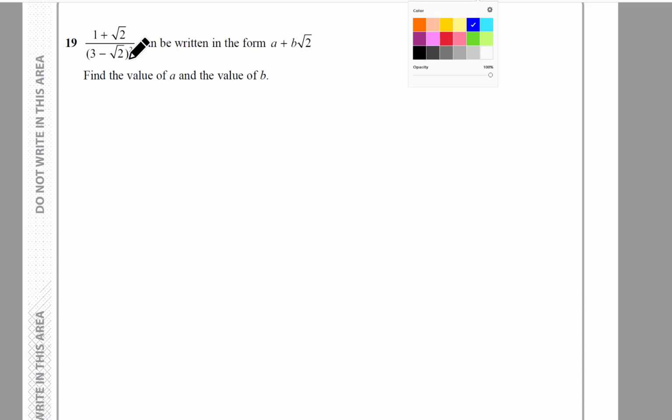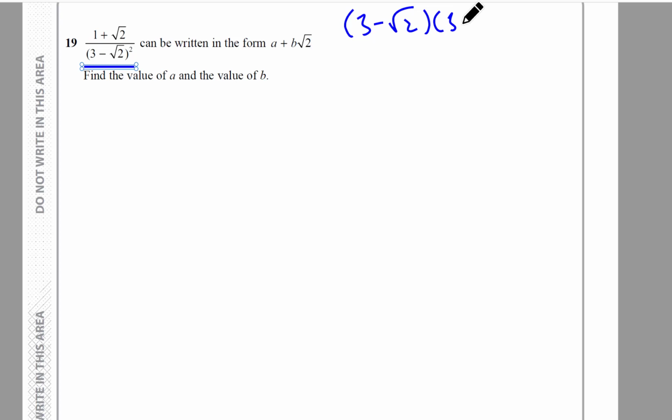So even if we've got what to do, we need to rationalize this. So I would expand that bracket. Do this in whatever method you prefer. That's 3 times 3 is 9, minus 3 root 2, minus 3 root 2, plus 2.